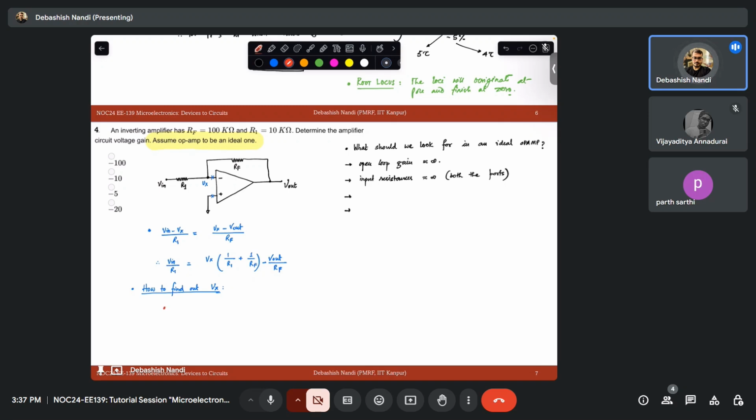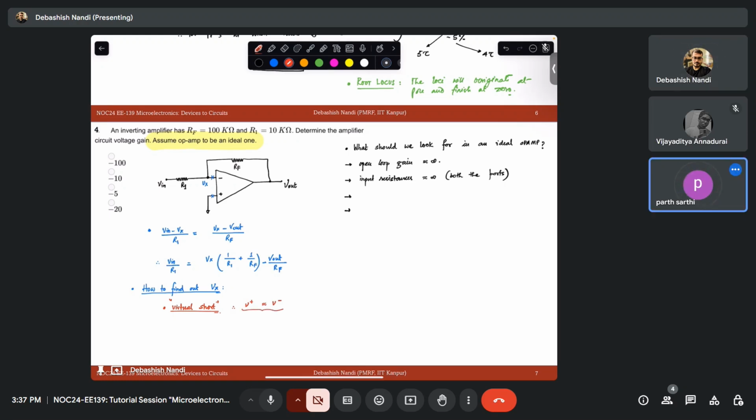There is something called virtual short. Have you heard of that? Yes, sir. What is that? V1, V2 are at the same potential. Potential difference is very small, so we can say that it is a virtual short. So V plus and V minus are the same, right?